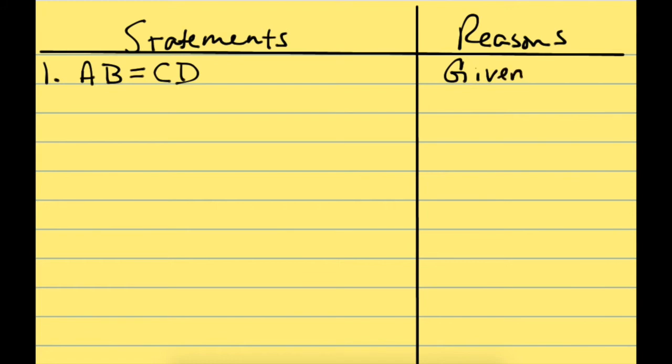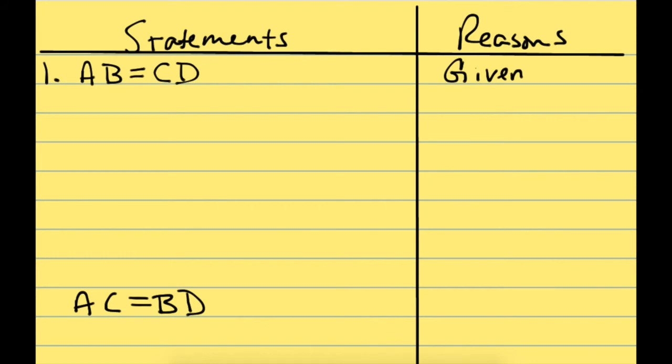And it doesn't hurt to write down here our last statement that AC is equal to BD. And we can work this forward or backwards. It doesn't matter which. Now I'm going to work this backwards because I think sometimes it's easier that way.